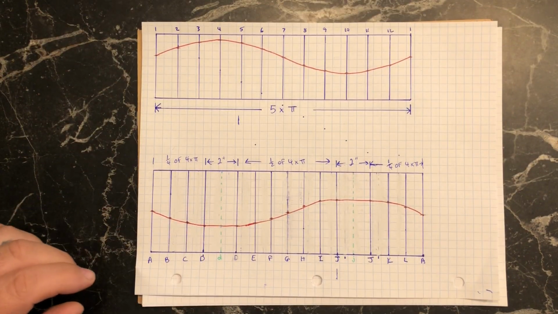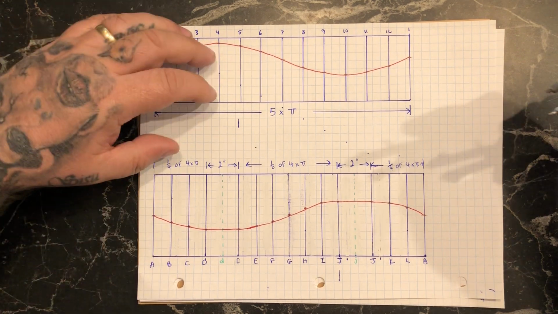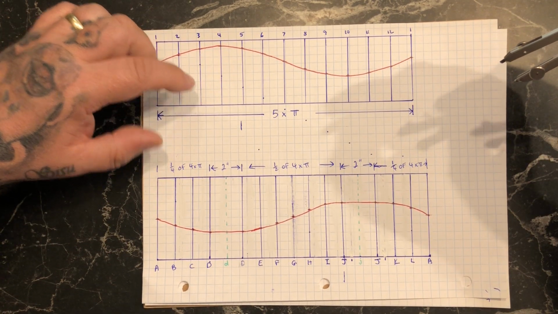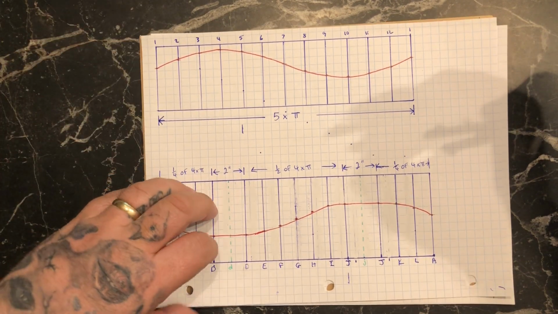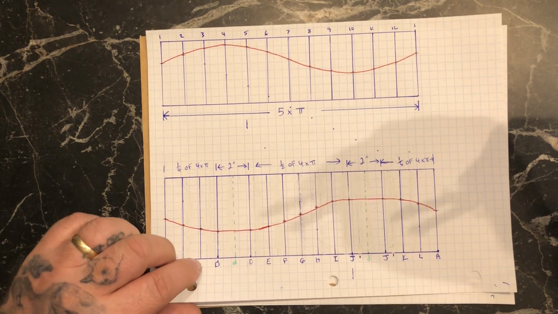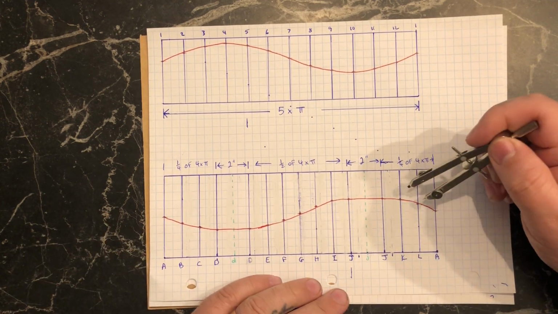Now using my Angor here, I'm going from K to L. So K to L is over here.